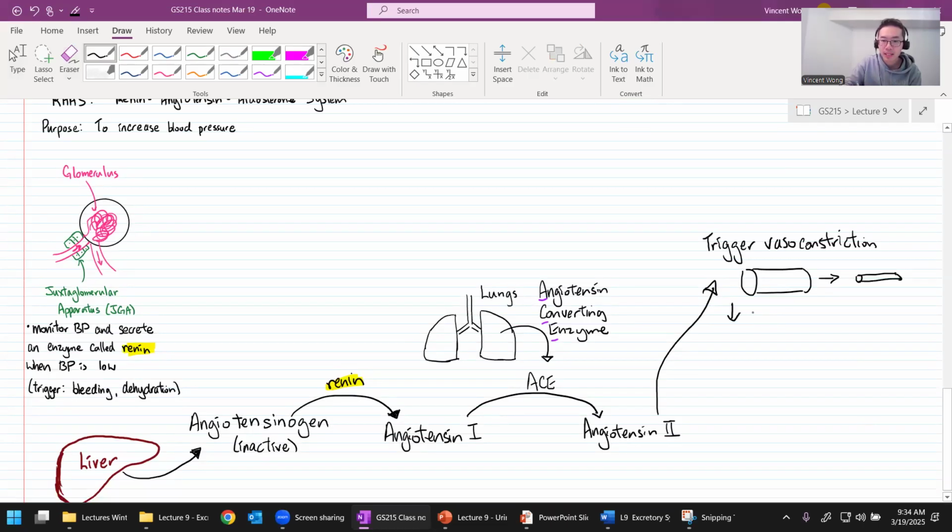So decreased vessel diameter will lead to increased blood pressure. You squeeze the blood vessel. We learned that in the first lecture. So that will help with the drop in blood pressure, but that's not enough in most cases. We need to have another countermeasure.